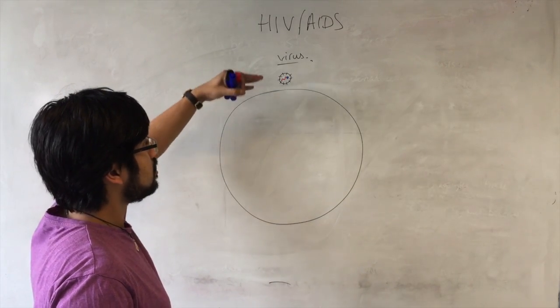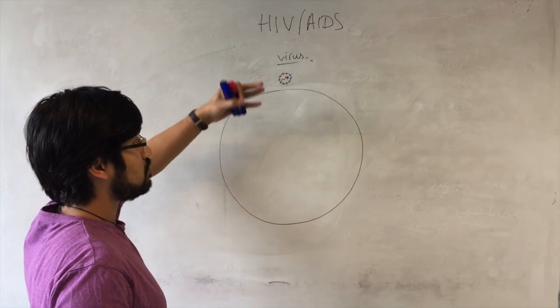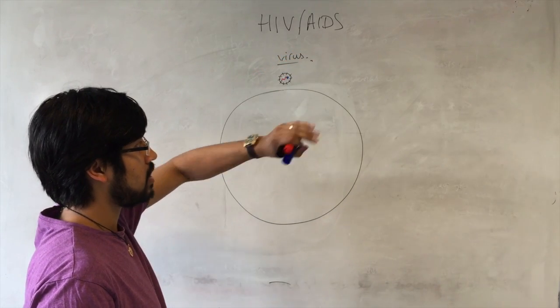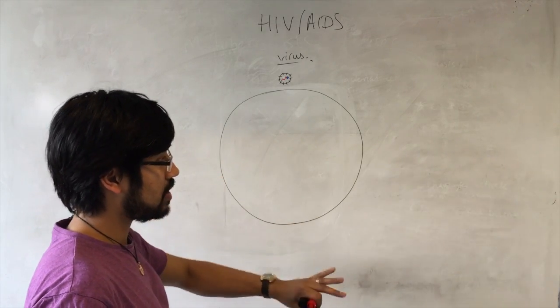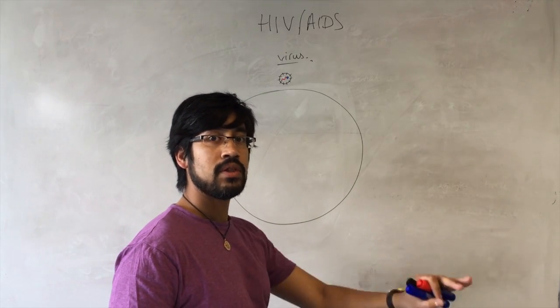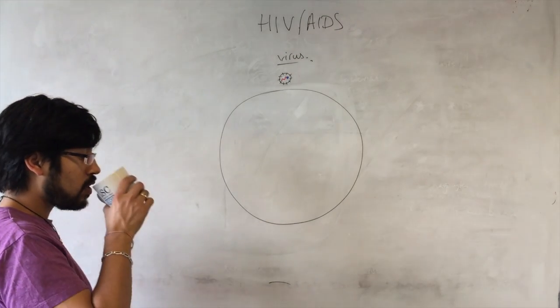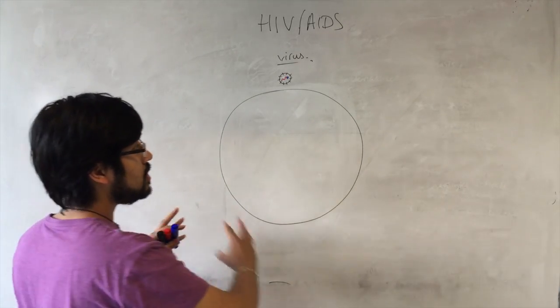Helper cells is what the initial T cell differentiates into, as well as T killer cells and T memory cells, and the helper cells release the cytokines that promote the B cells to undergo their own expansion. Okay? So a pretty important cell in the immune response.